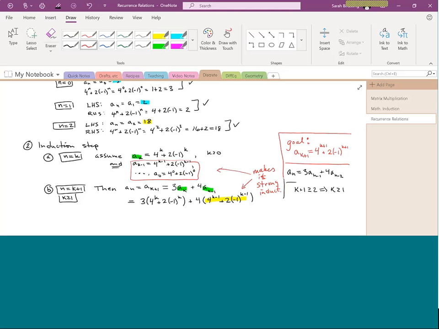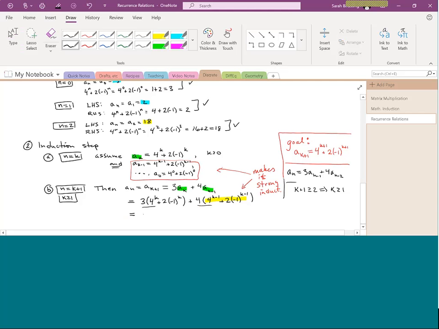Okay. So let's finish this guy off. So here, what do we want to get to? We want to regroup these 4 terms so that we actually have 4 raised to the power k plus 1, and then 2 times negative 1 raised to a power. So let's go ahead and group those things together. So we've got 2 terms with 4 raised to some power.